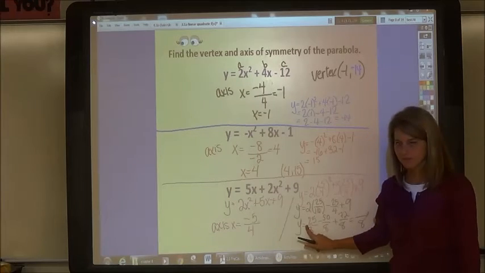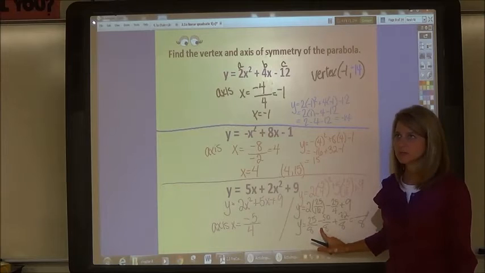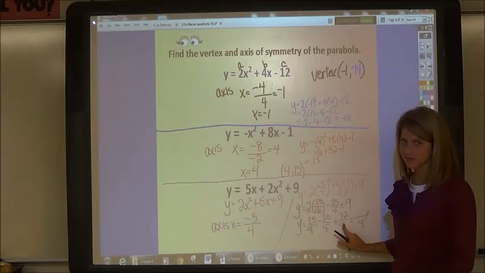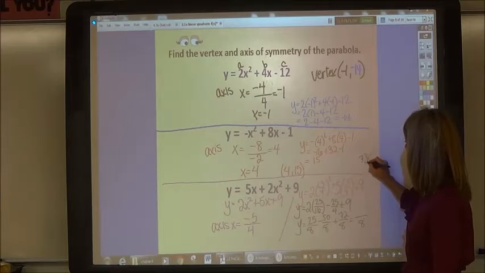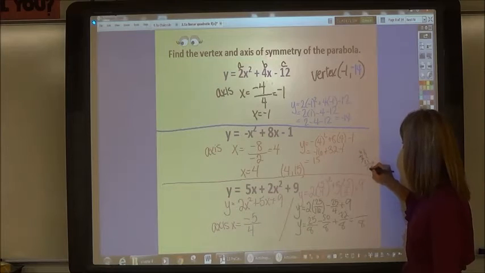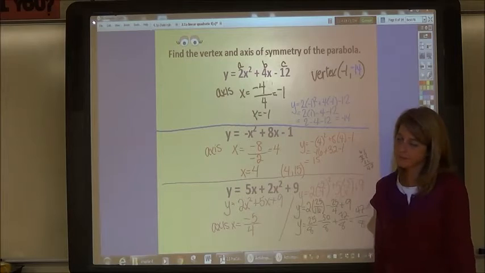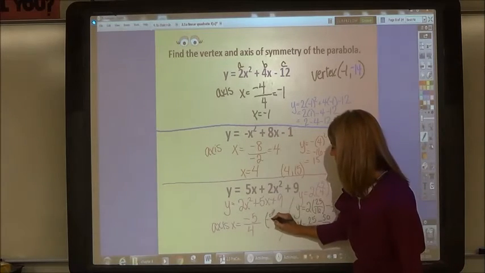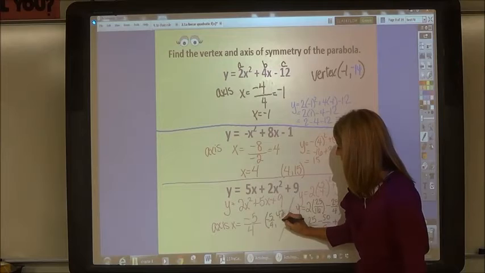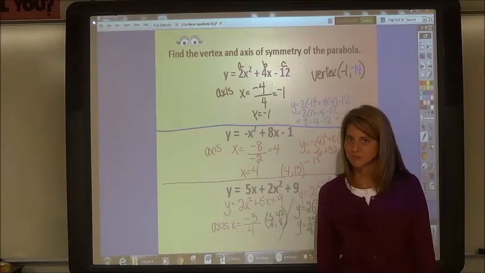Okay, 25 minus 50, negative 25, add 72. I'm getting 47/8. Not the best number, but it's done. No, they won't always be like that.